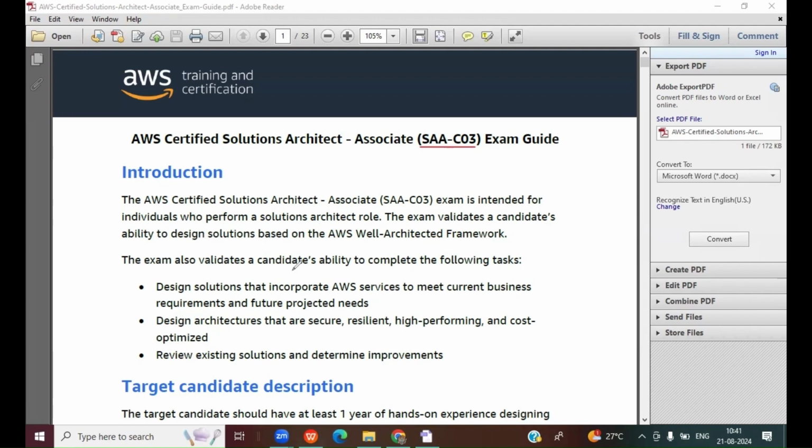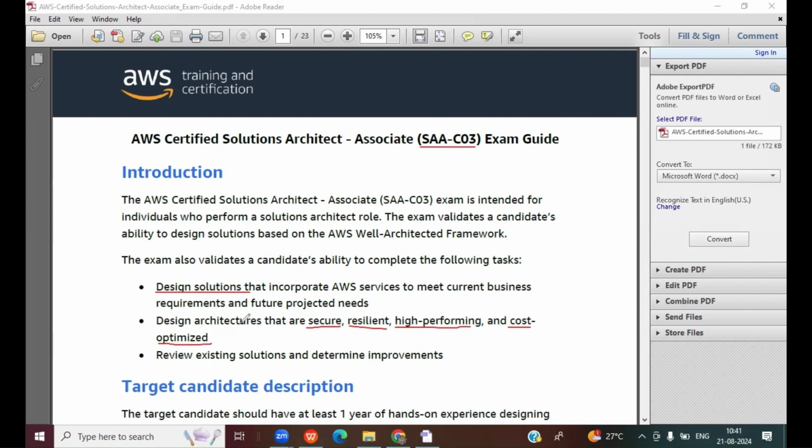Basically, this exam validates a candidate's ability to design solutions that incorporate AWS services to meet the customer requirements and design architectures that are resilient, secure, high-performing, and cost-optimized, right? So that is the primary role of any solution architect.